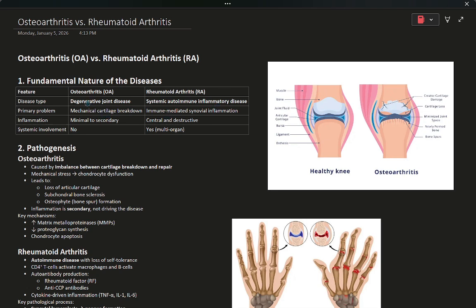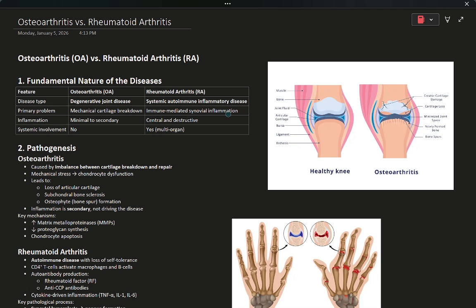With that being said, the primary problem behind osteoarthritis is mechanical cartilage breakdown, while for rheumatoid arthritis, there is immune-mediated synovial inflammation.